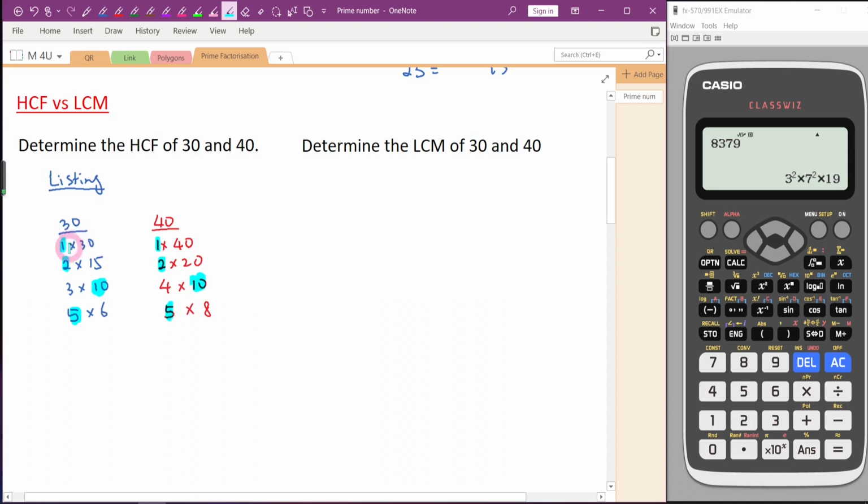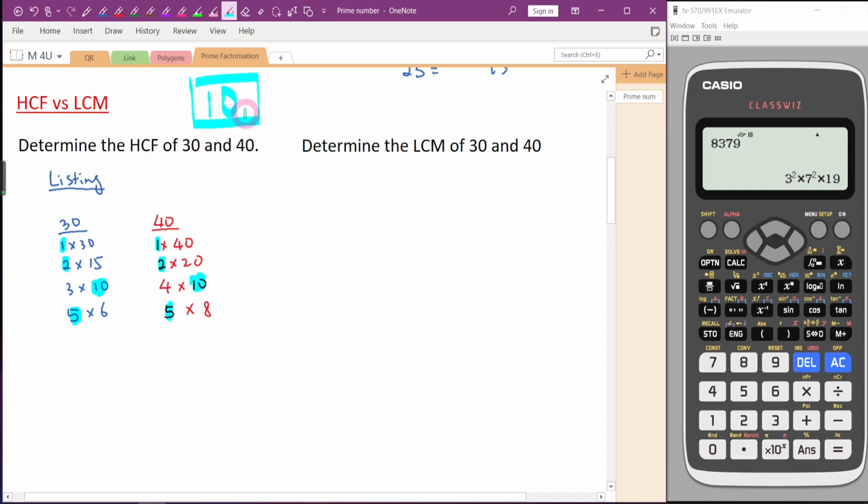That's why we call these highlighted numbers common factors of 30 and 40. But now we want the highest, the largest. So the answer will be 10. The highest common factor of 30 and 40 is 10. So this one is called the listing method.